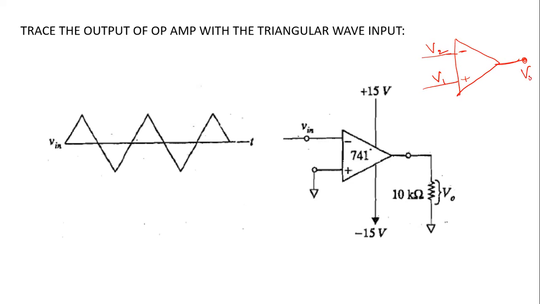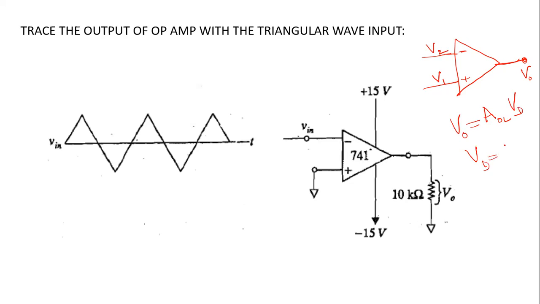And op-amp is a difference voltage amplifier, as we discussed before. The relation between the output and the input is that the output voltage V0 is equal to the open loop gain, sometimes denoted with subscript OL, A subscript OL, multiplied with VD. OL means open loop gain. What is VD?